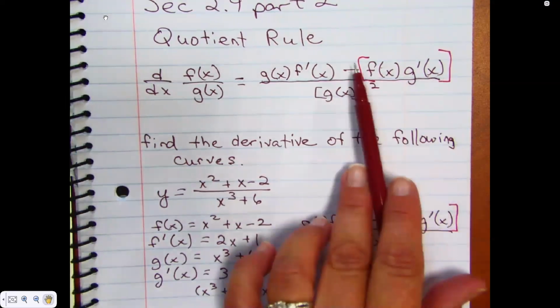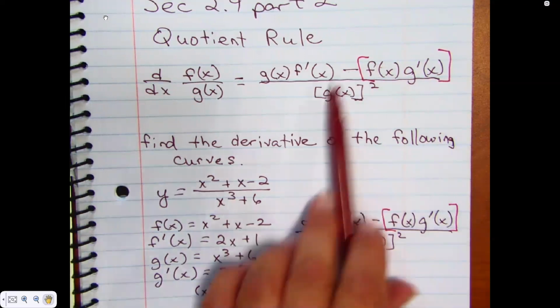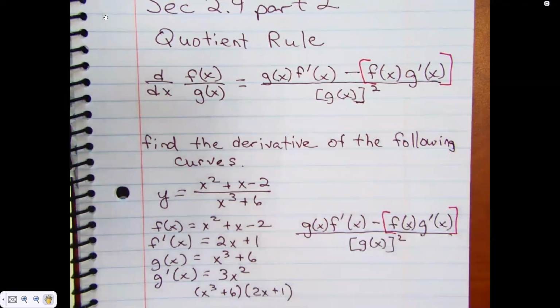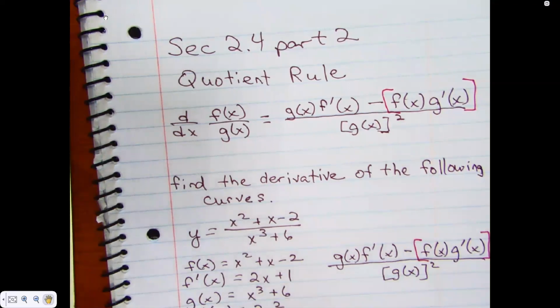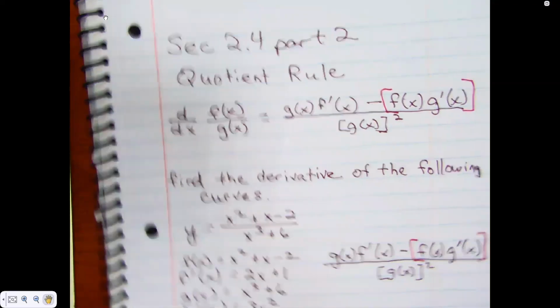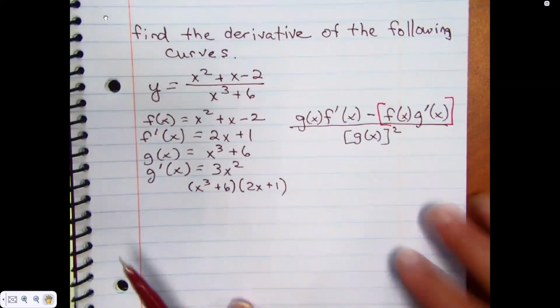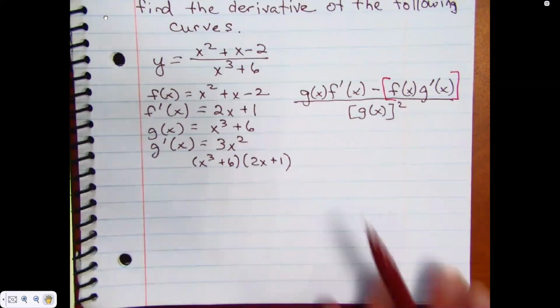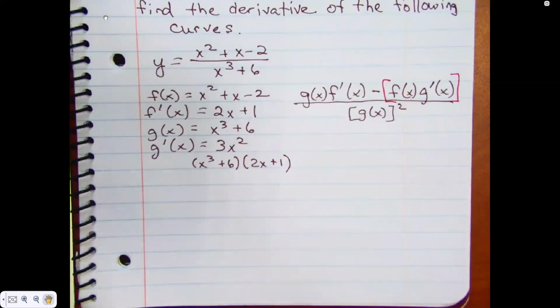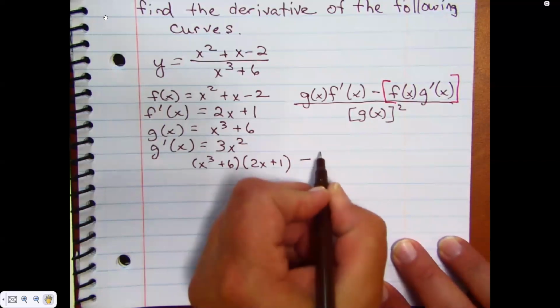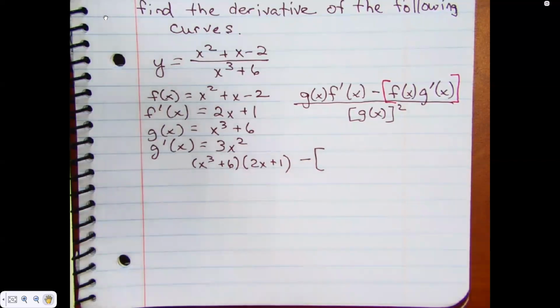Because we're subtracting a quantity, the quantity must go in parentheses. So don't forget it. We really don't need it in our rule until we start putting in the numbers, but it might be good to have them in it from the beginning. Okay, so minus, and then the bracket.